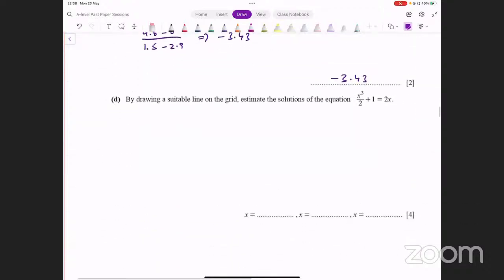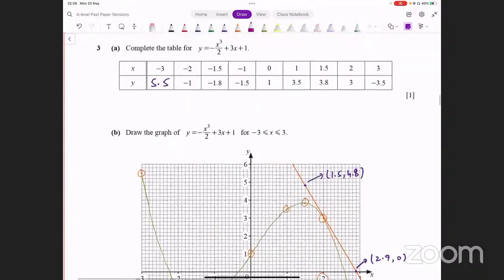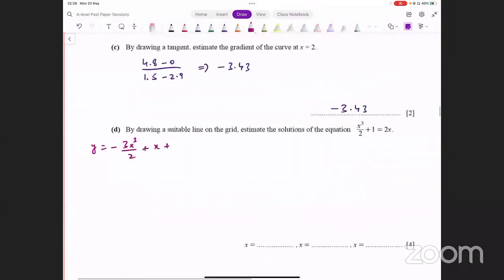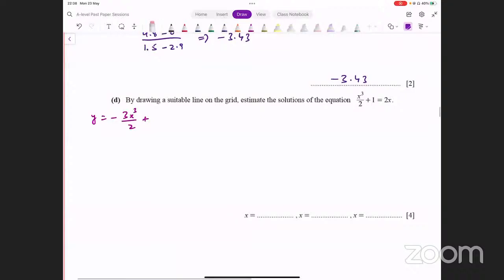Let's write that down here. Minus x cube over 2 plus 3x plus 1. This was the curve. Okay. उस curve को आपने use करना है to solve this equation.